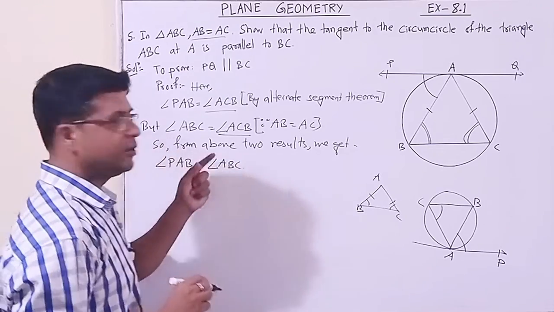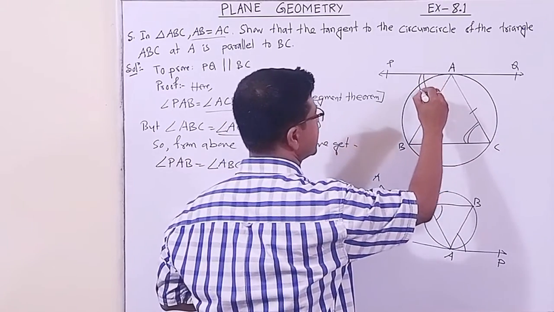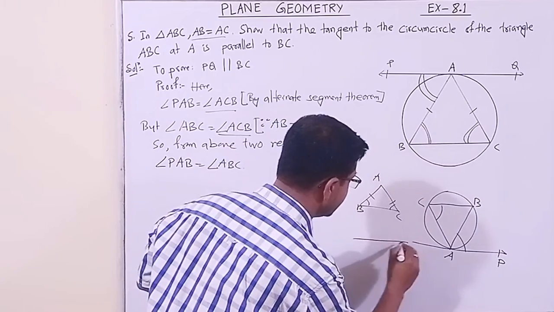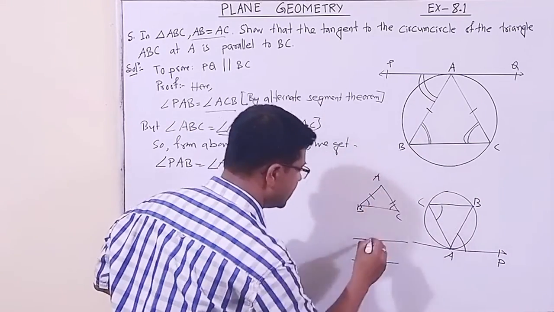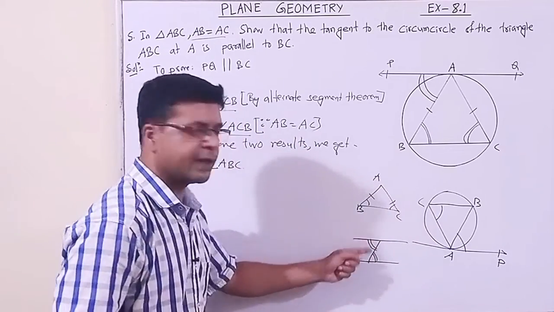Now look at the figure carefully. Angle PAB is this angle, angle ABC is this angle. This angle is equal to this angle. What type of angles are these two?